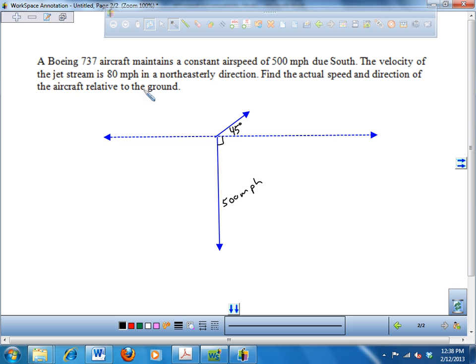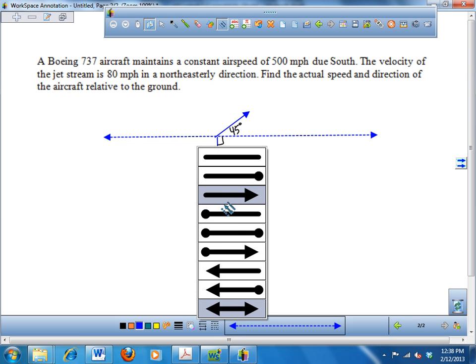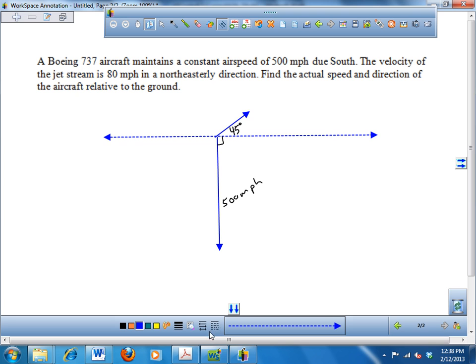When you add vectors, remember, graphically, the way you add them is by adding the tail of one to the tip of the next one.